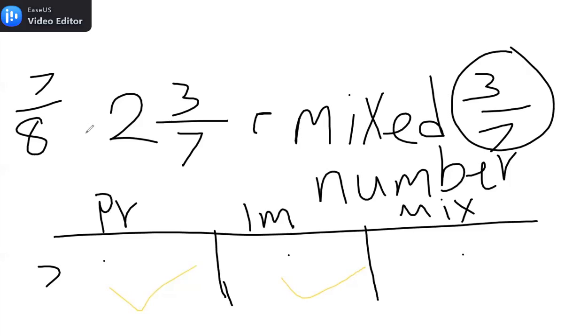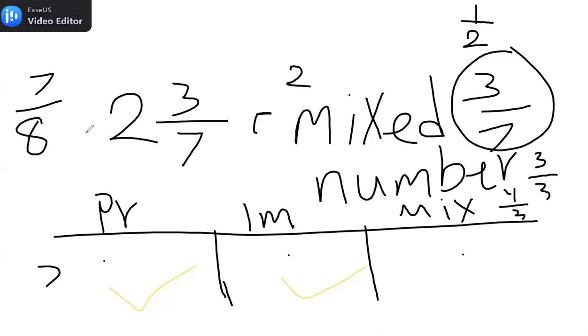Again, Yusuf. Proper fraction is when the numerator is less than the denominator. Equal or greater, we call it an improper fraction.